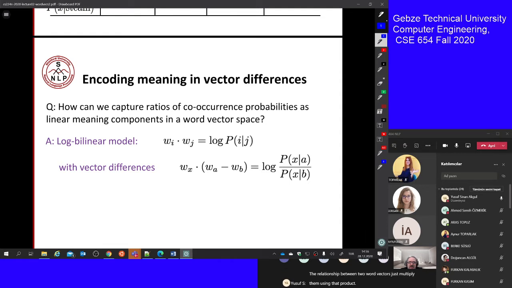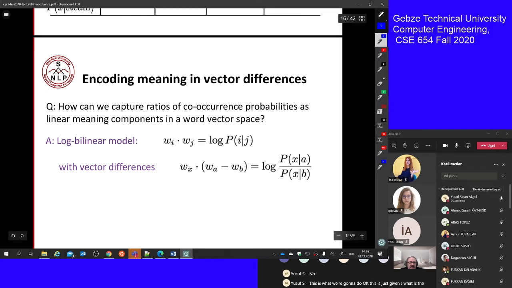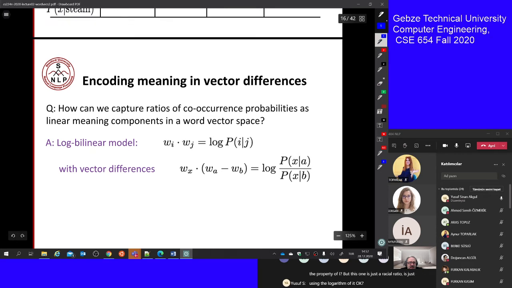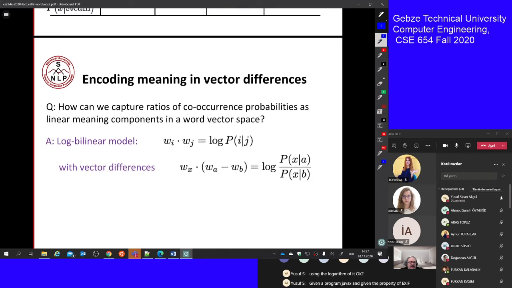Now this is what we are going to do. Okay, this is just given j, what is the probability of i? But this one is just a ratio, and ratio is just using the logarithm of it. Okay, given probability of x given a and probability of x given b, if you divide them, that means that since we are doing the logarithm, this is log P minus log P again. Okay, this is log P(x|a) minus log P(x|b).